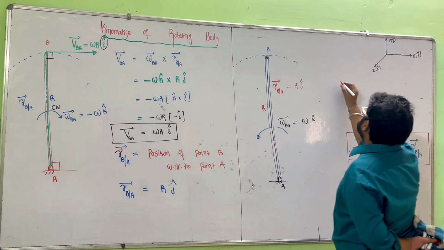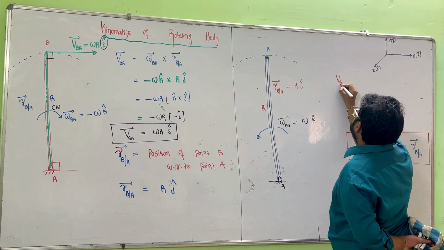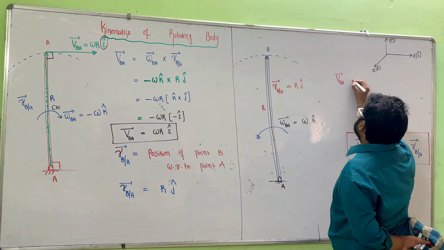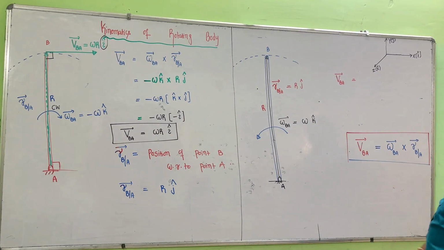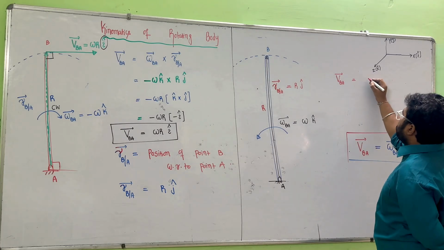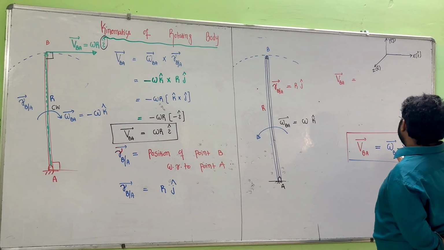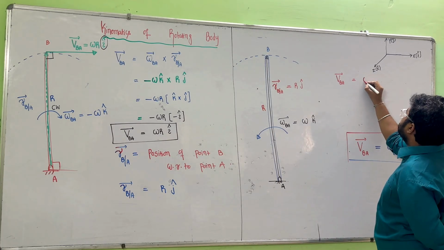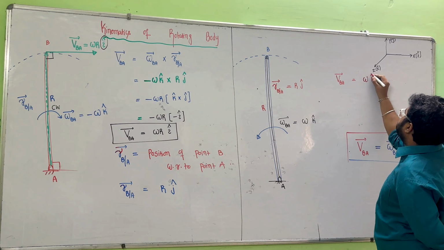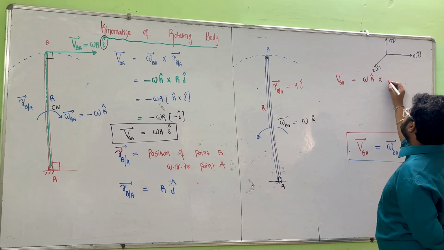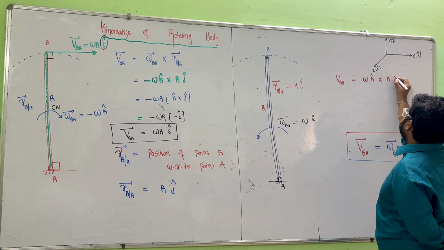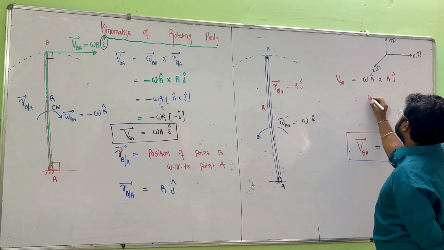Clear? So what is the velocity at point B with respect to point A? Omega BA bar is omega k cap crossed with R j cap.